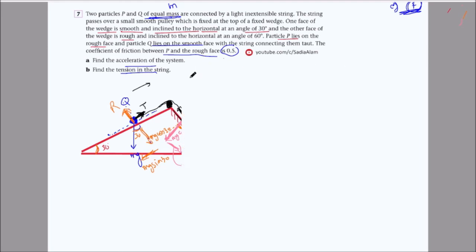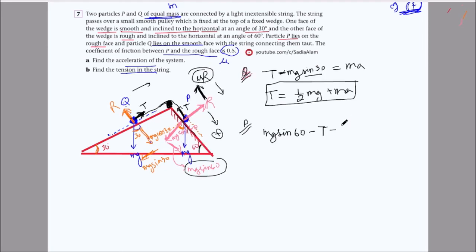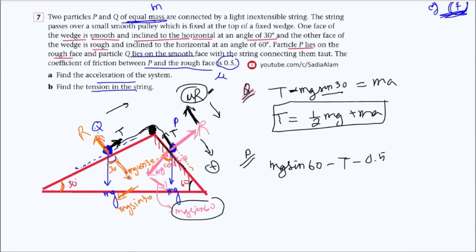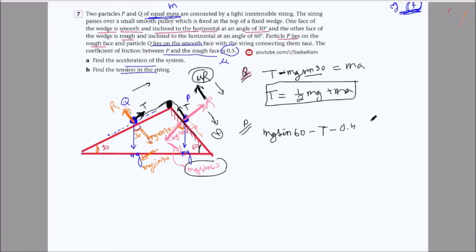So we have frictional force mu R. Mu is 0.5, and R, since the whole situation is balanced in the y direction, if you just equate these two things, R is basically mg cos 60. Okay, R is mg cos 60 equals ma.